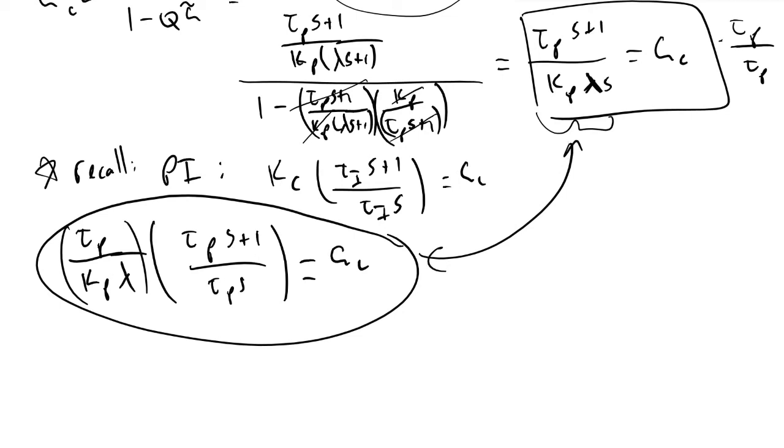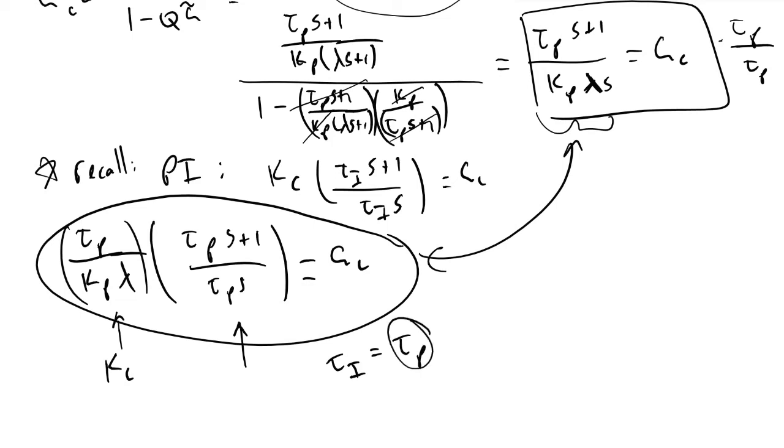And so what you'll note is how we can now see what Kc is, as well as what the PI part of our controller should be. Ultimately we recognize that tau I, the integral time constant in our controller, should be equivalent to our process time constant.